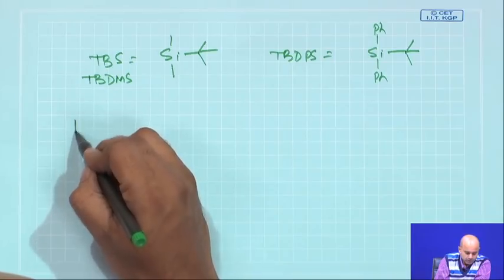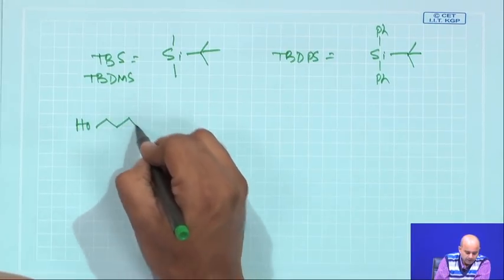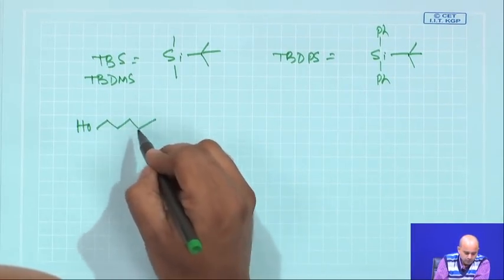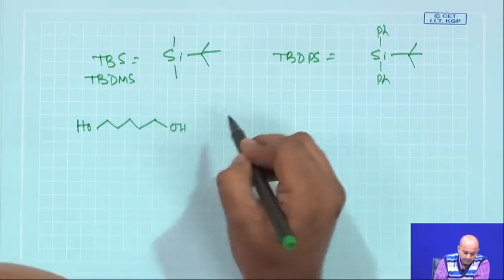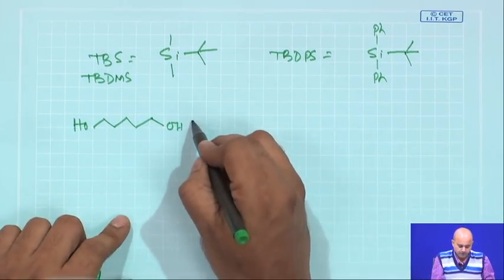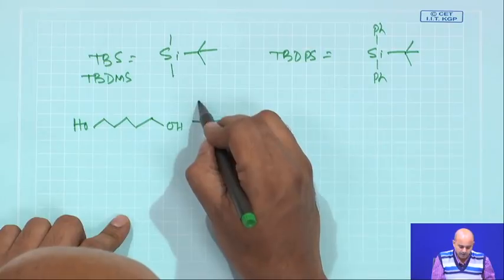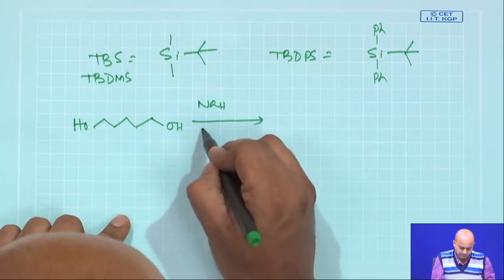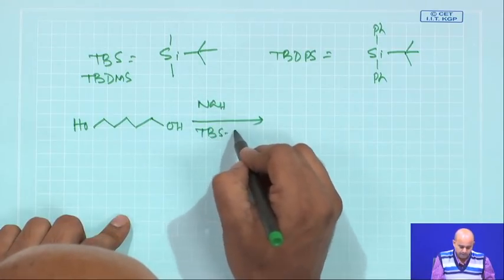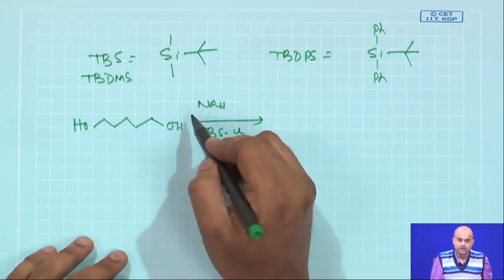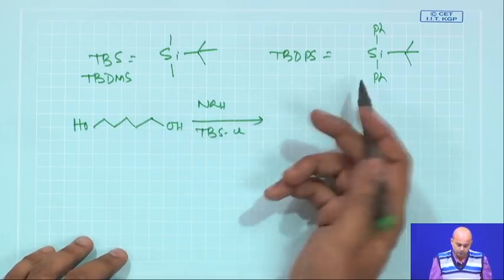So, now you start with your 1,5 pentane diol, 1, 2, 3, 4, 5. First do the McDougall protection, sodium hydride, TBS chloride. You can even do the same reaction using imidazole and TBS chloride, that is also fine.